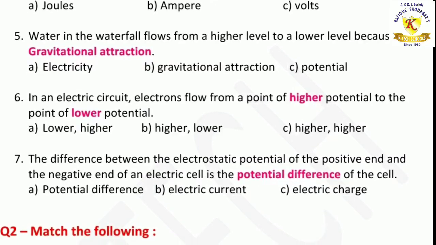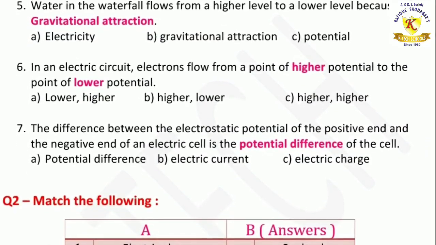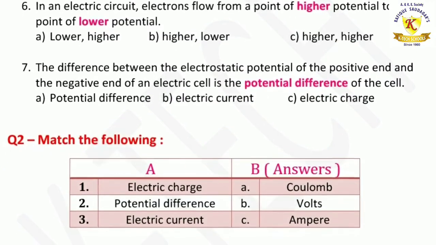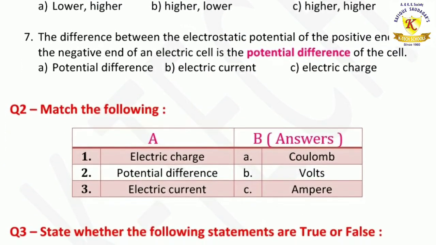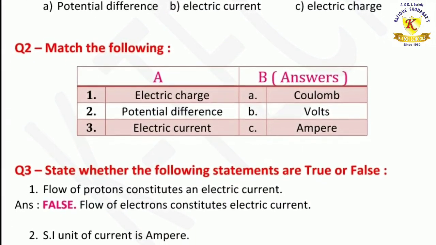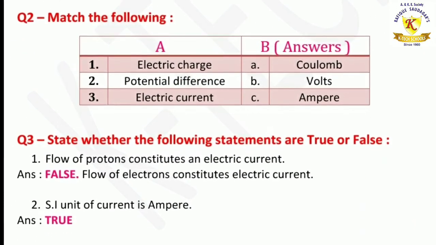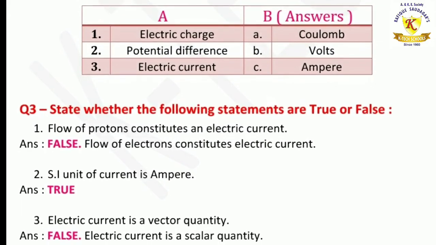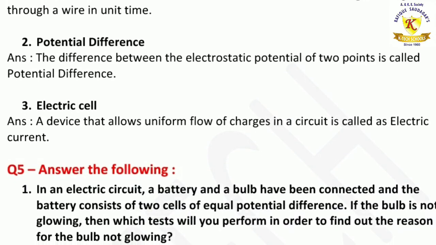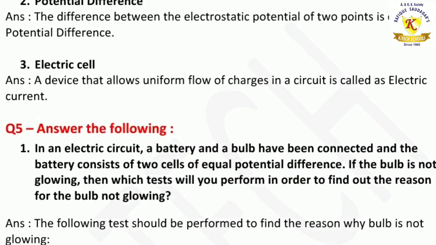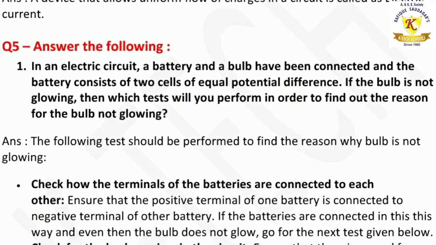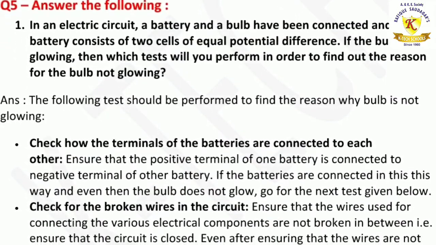Here also, the second question is match the following, where you need to match the two columns. Question number 3, we have to state whether the following statements are true or false. Next question is define the following terms, followed by question number 5. Answer the following. You need to answer the questions in brief.